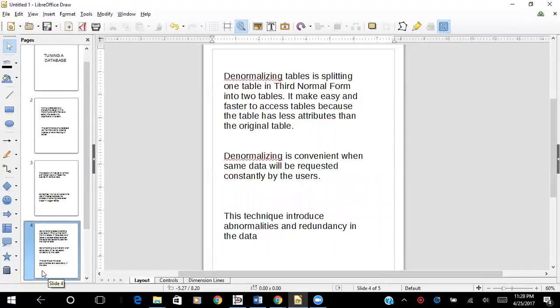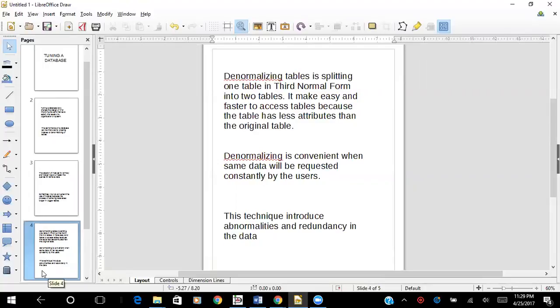Another way to do that is normalizing tables, and it is splitting one table in third normal form into two tables. It makes it easy and faster to access tables because the tables have fewer attributes than the original table.